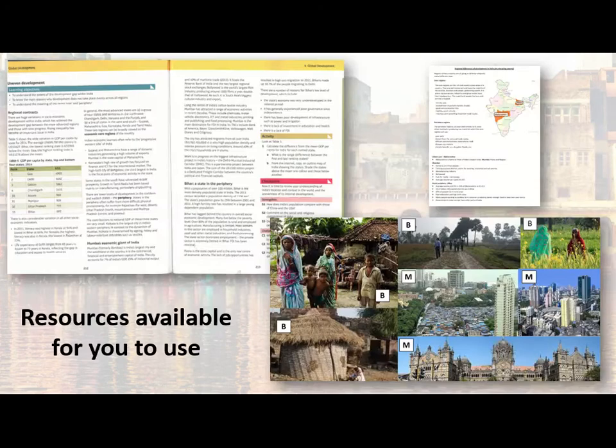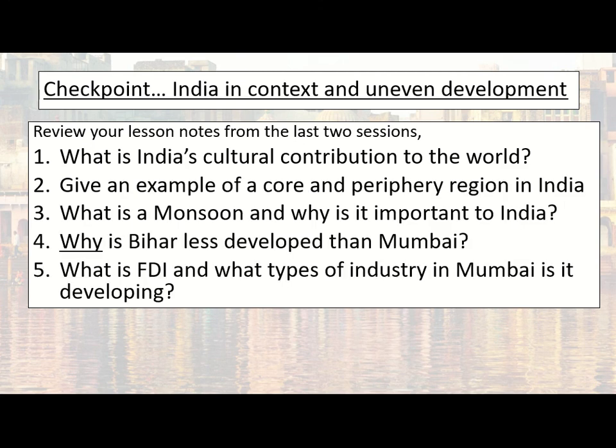But those aiming for 7, 8, 9, I'd strongly urge you to review your notes by trying to answer these 5 questions, because over the last 2 sessions I've covered a great deal of information, and these 5 questions are answerable by you if you followed that information accurately. So see if you can answer each of these 5.